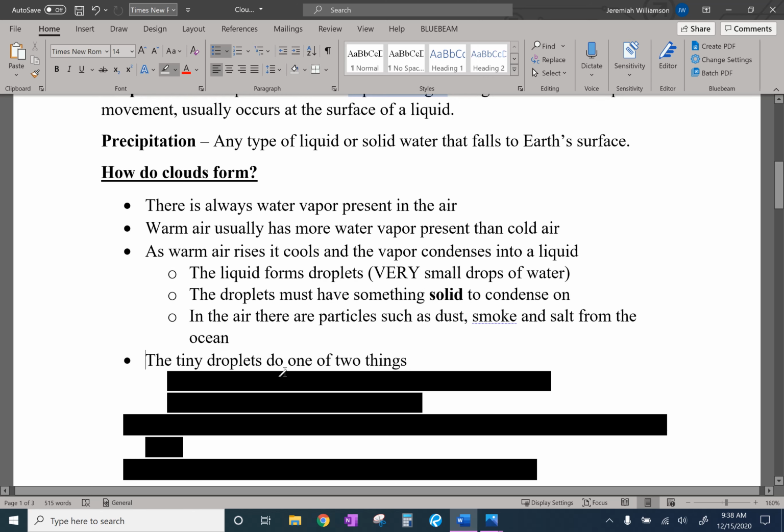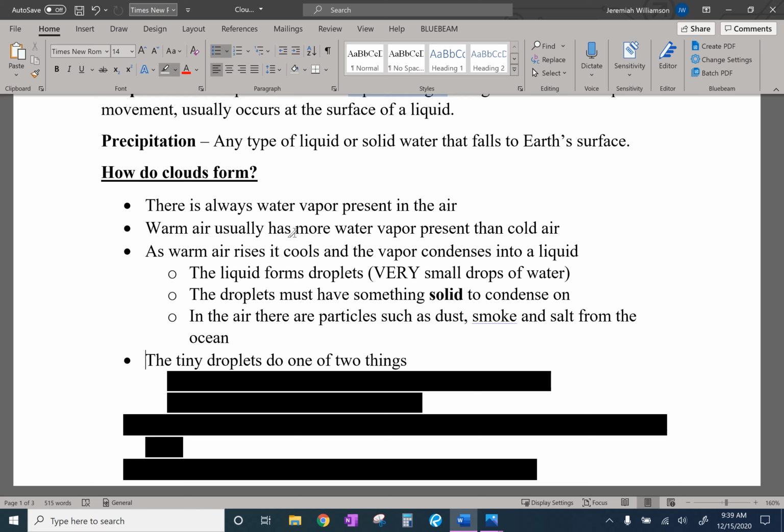The tiny droplets do one of two things in the next step. So what we find is there's water vapor present in the air. Let's just kind of break this down so you understand it better. There's always water vapor present in the air. That water vapor caught in the warmer air will begin to rise, because hopefully you understand that warm air rises, and warm air has more room for the water vapor.